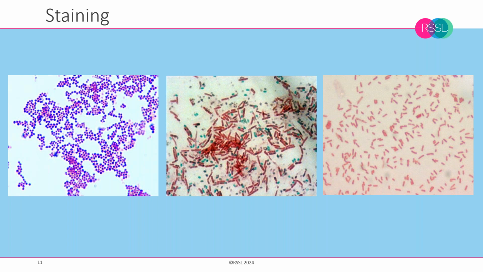Jumping to the right-hand side, we have a gram-negative stain of rod-shaped organisms, and then in the middle we have a bacterial spore stain, and here the vegetative cells are a sort of crimson red, and our spores have been stained with malachite green, and they're appearing green in colour.